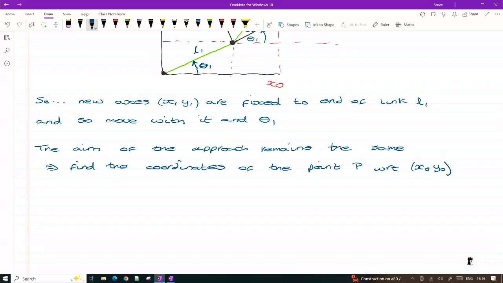And that's always going to be the aim for our analyses for forward kinematics: given the joint variables, we're always going to want to find the position of our end effector within our fixed base coordinate system.